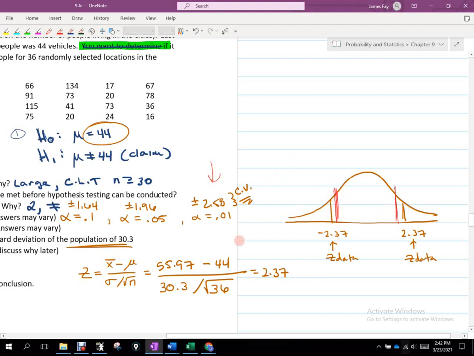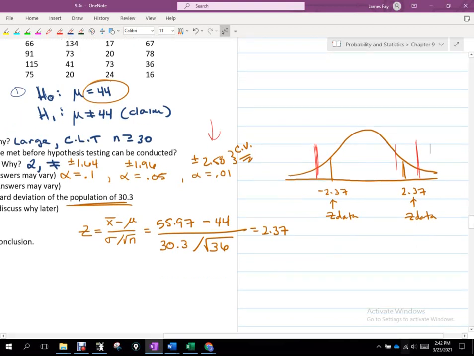But if I go to a 1%, now you can see that this would actually land over here, and this would land over here. And now I would fail to reject. Does that make sense to everybody? I think that's kind of a difficult thing to realize with critical values, but it's a much easier thing to realize with p-values. So that's another reason why p-values are established.